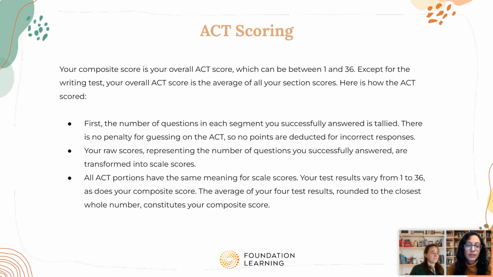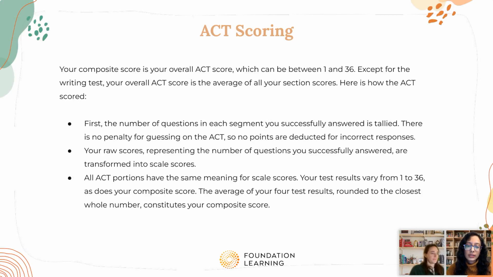So first, the number of questions that you successfully answer in each section is recorded. Do keep in mind that there's no penalty for guessing. So even if you do get a question wrong, it won't deduct the total number of points that you get. You only get points for questions you did answer correctly.